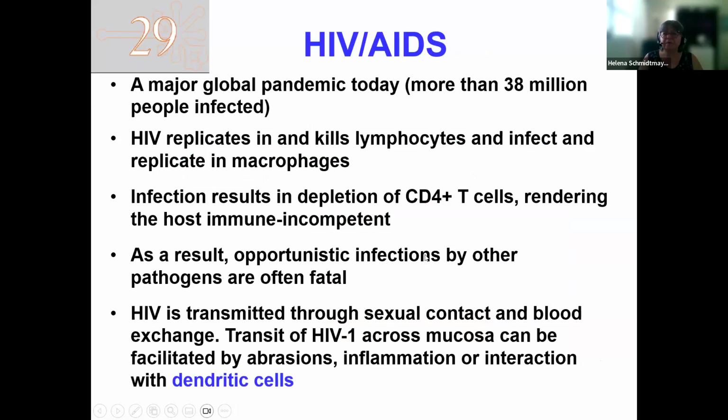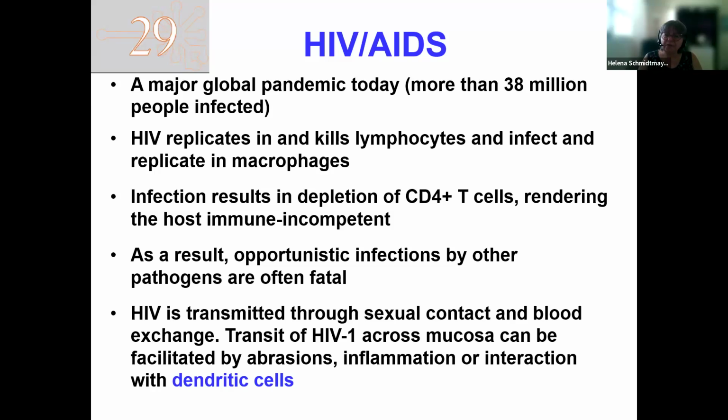Now, some major facts about HIV. HIV/AIDS represents one of the major global pandemics. Nowadays, it's estimated that 38 million people live with HIV, and the most affected area is Africa.